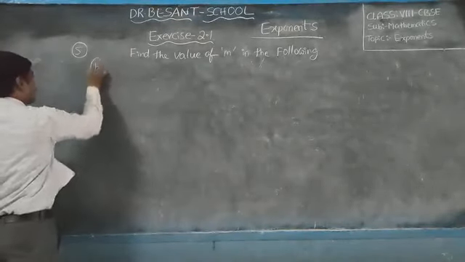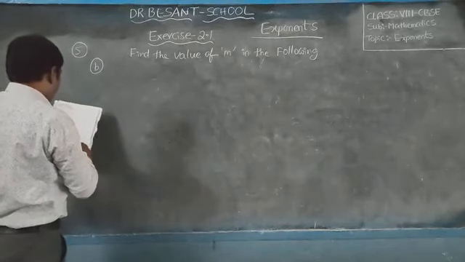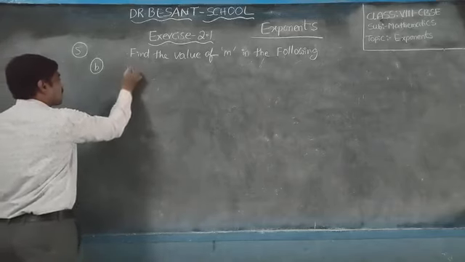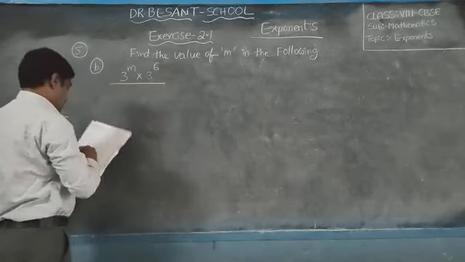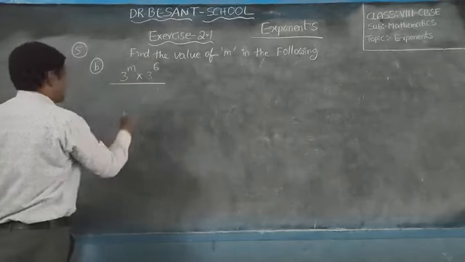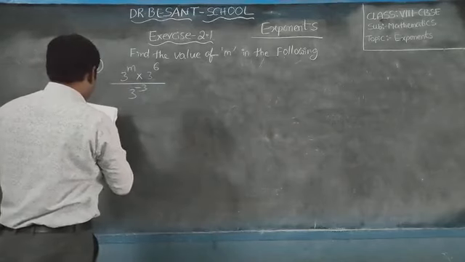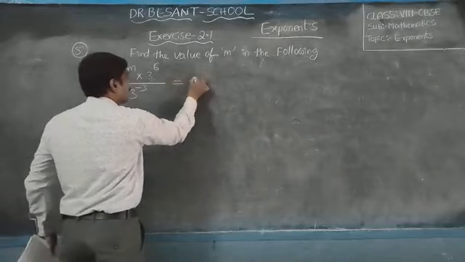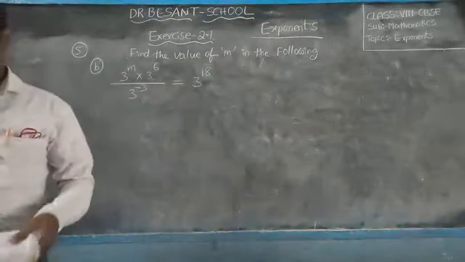B. 3 power m into 3 power 6 by 3 power minus 3 is equal to 3 power 18.